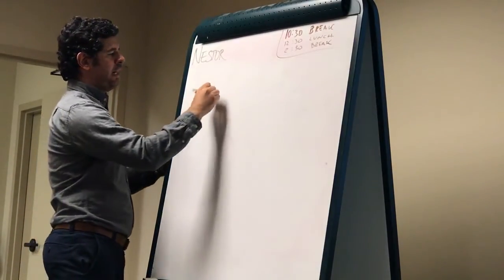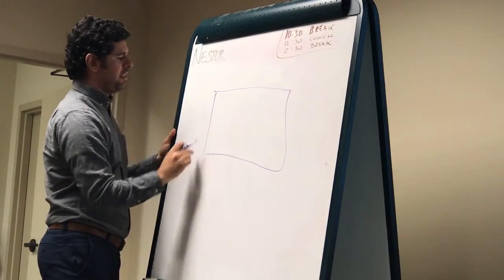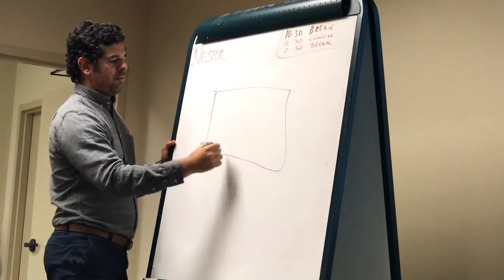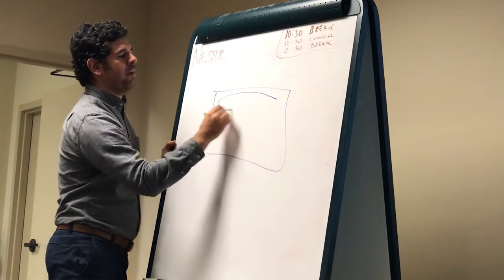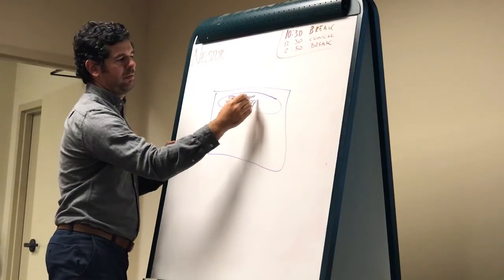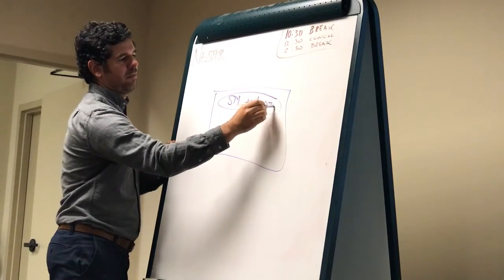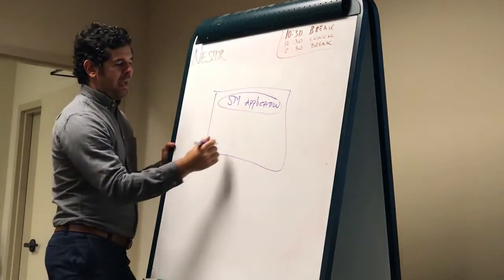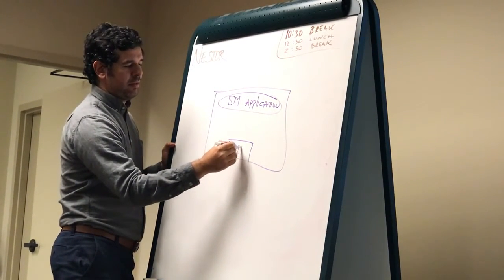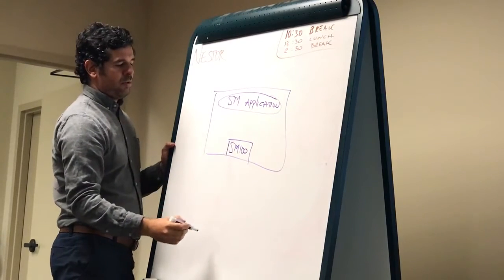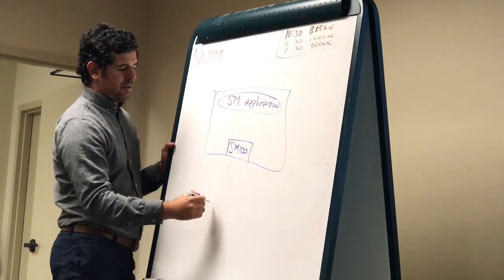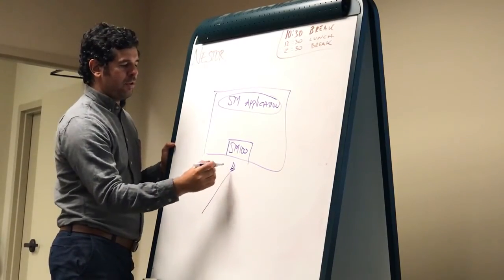You have your session manager. Let's say this is the physical box. And you have your SM application. And then you have your SM100. So everything that wants to communicate with session manager will go first through the SM100.